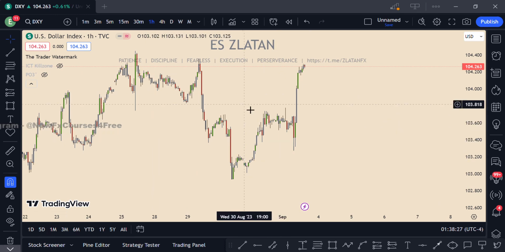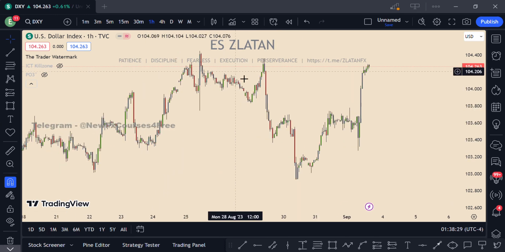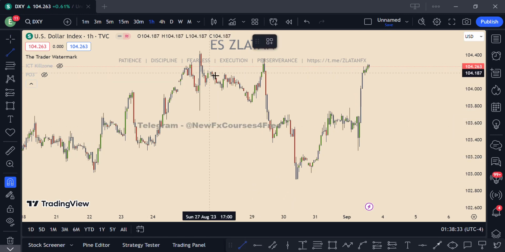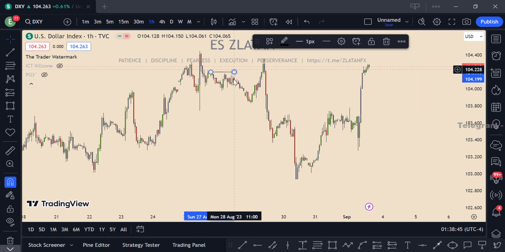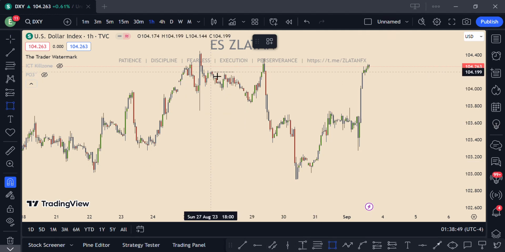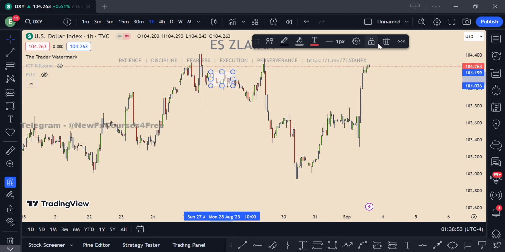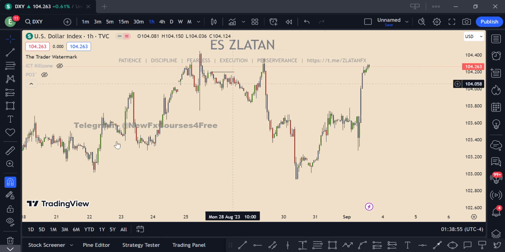So basically, it's just that, and the same goes for the Asian range. When you take out your Asian range boxes, something like this, right? The Asian range, just the Asian box. Mostly the Asian range is for accumulation, right?